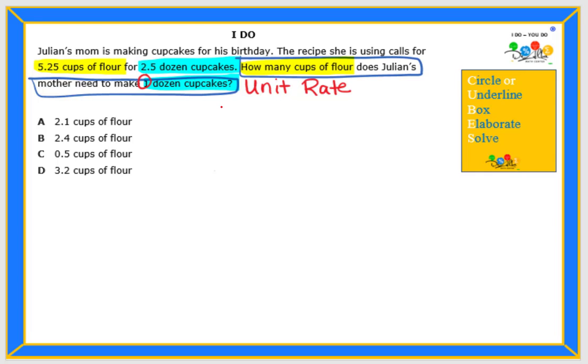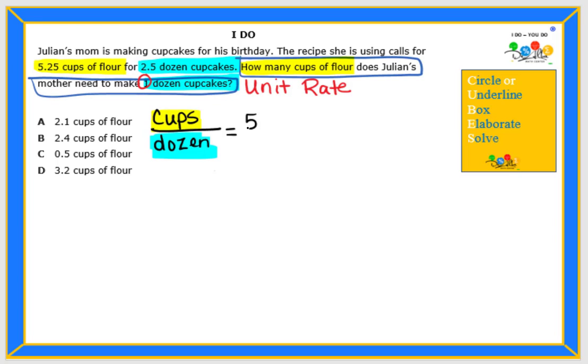So we're going to be setting two equal rates, and that is a proportion. So we're going to set up a proportion, and we know that they want cups of flour per dozen of cupcakes. So we can use what they gave us for cups and for dozens.